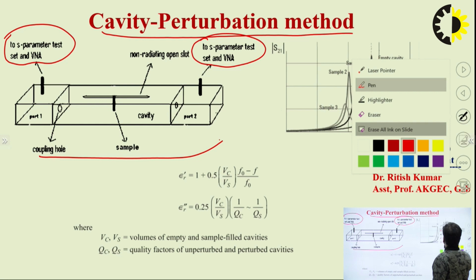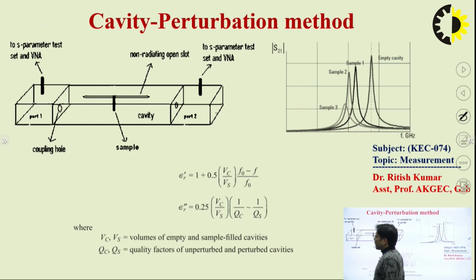What is the VNA? VNA is the vector network analyzer. With its help, we can measure scattering parameters such as S11, S12, S21 and S22 of a microwave component. These scattering parameters help to get the characteristics of the material.